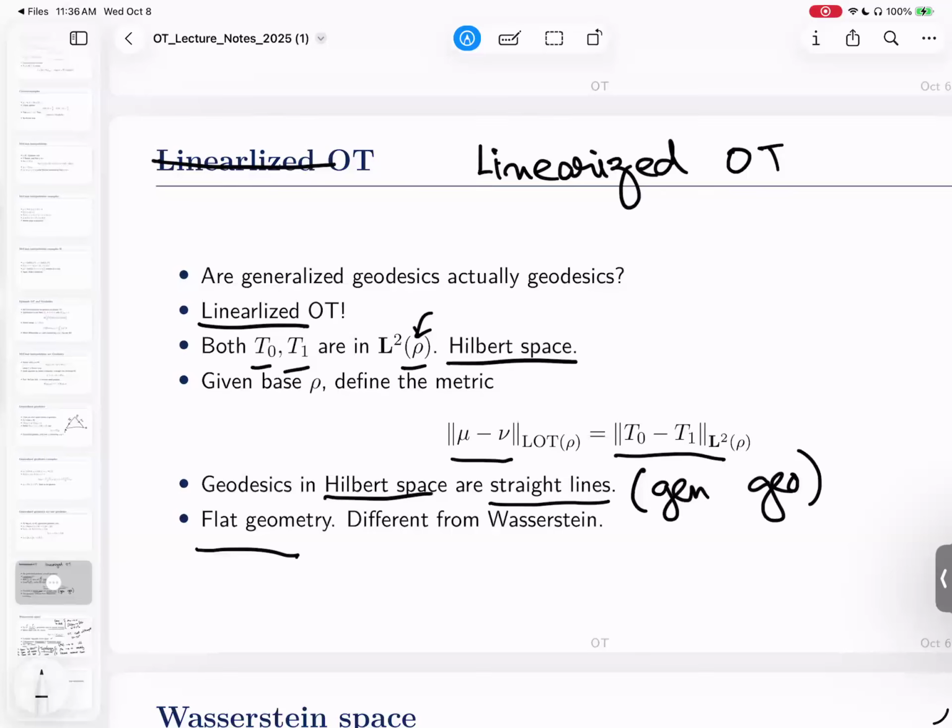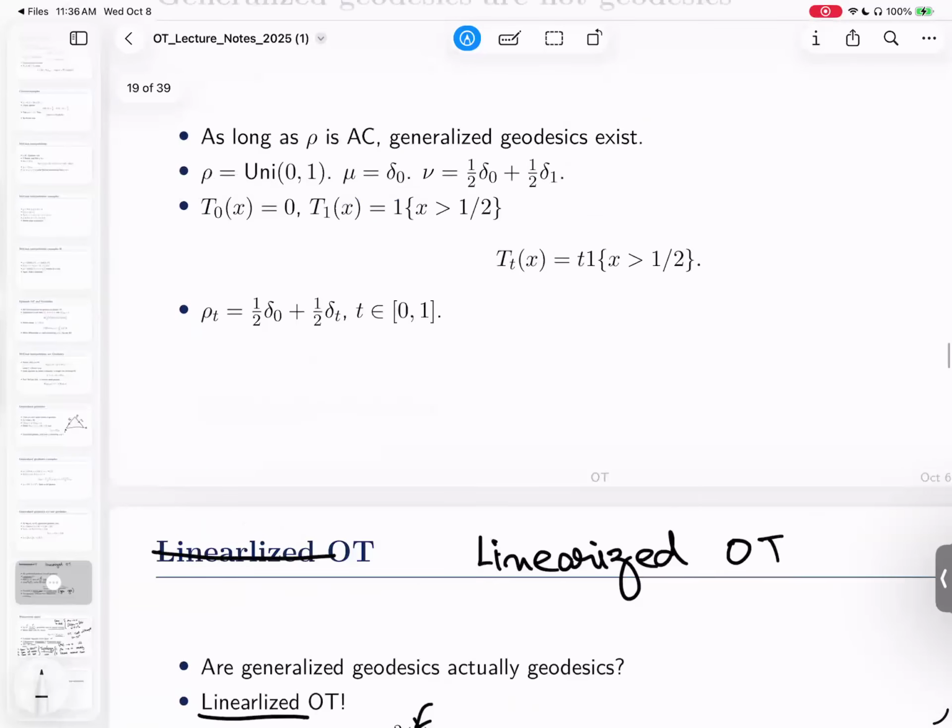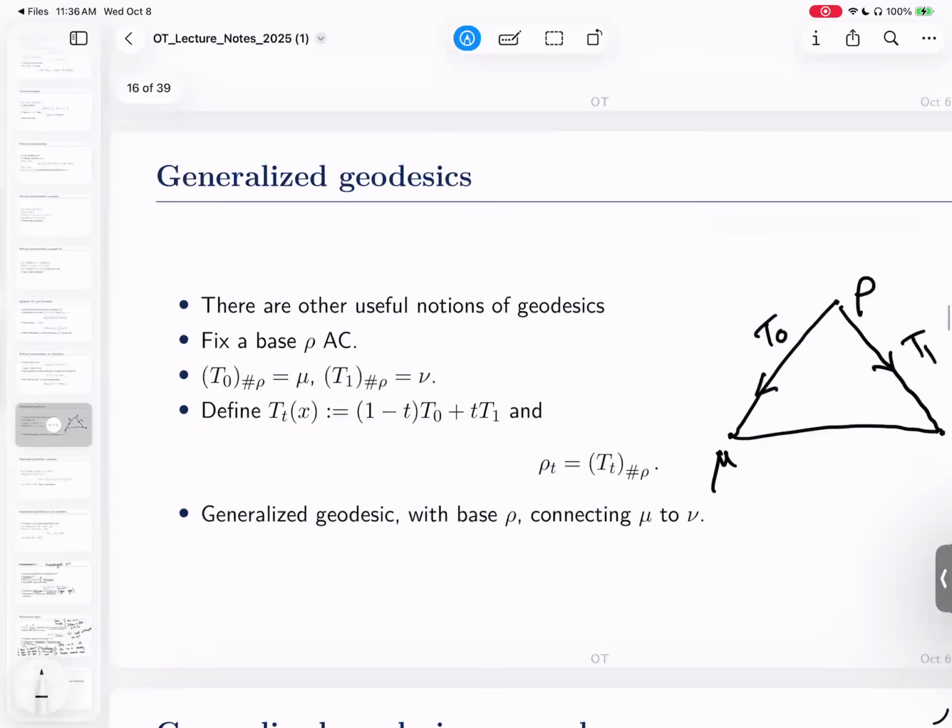Yes and no. Maybe this picture is actually easy to understand. So rho is being sent to mu by T0. Rho is being sent to nu by T1. Suppose T0 is invertible.